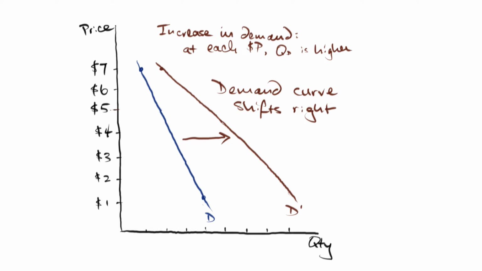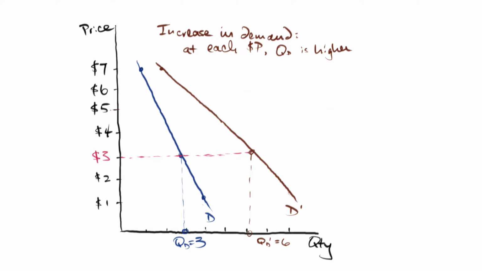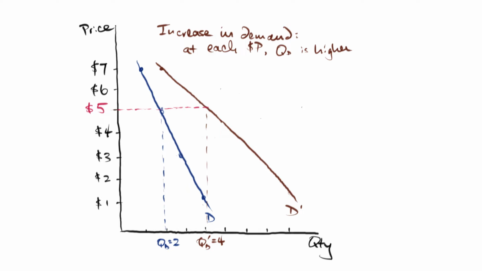So, for example, at a price of $3, initially on the blue demand curve, the consumer would have purchased three of this good. When demand increased, the person will purchase six. And at a different price, like at $5, initially, the consumer would have purchased two. After the consumer's demand increased, the consumer will purchase four.